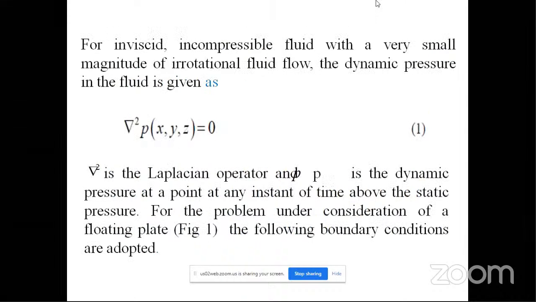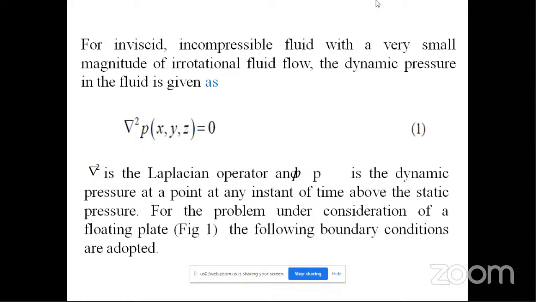When the fluid is inviscid, that is, I have not considered viscosity in the beginning. We have done the analysis for viscous and compressible liquid also. For the beginning, let us say there is no viscosity and the fluid is incompressible. Then these two equations reduce to the Laplace equation in pressure.